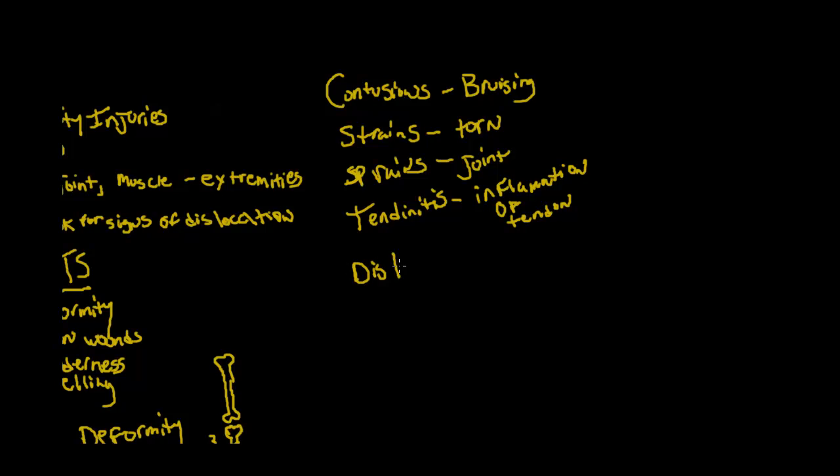You have dislocation, and last time we talked about that, and that's just the bones getting displaced from their normal alignment, kind of popping out. So the normal joint alignment, I should be more specific there. So joints keeping them aligned with the ligaments in the joint capsule. And then a fracture would be a break.